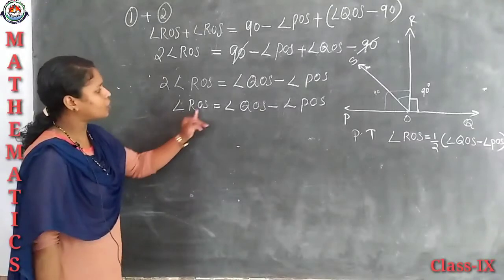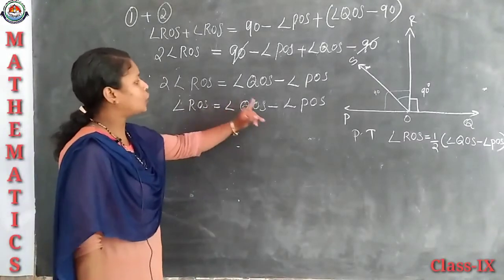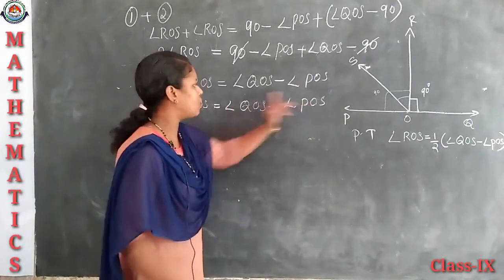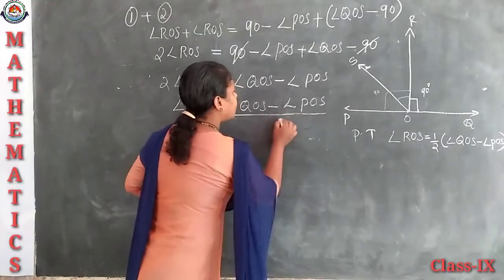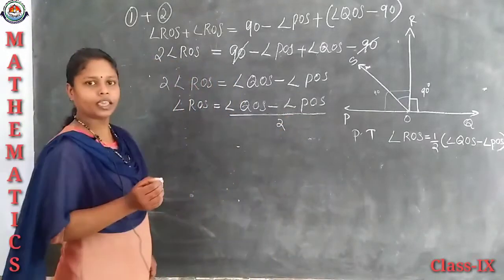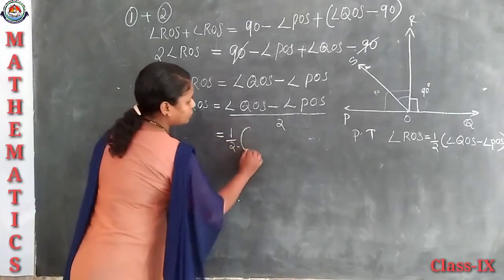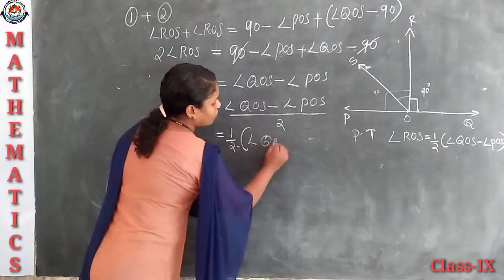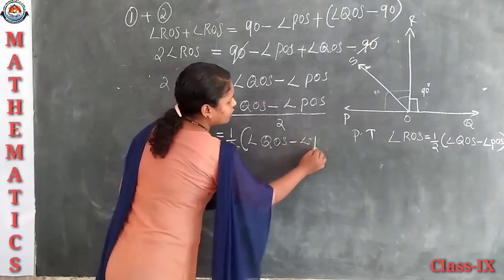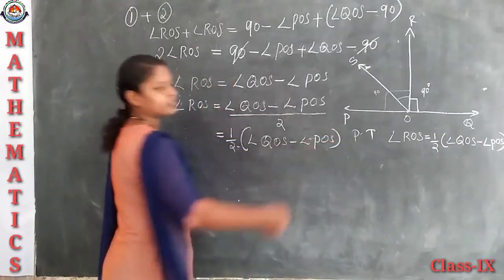Therefore, angle ROS equal to angle QOS minus angle POS divided by 2, which is equal to 1 by 2 into angle QOS minus angle POS.